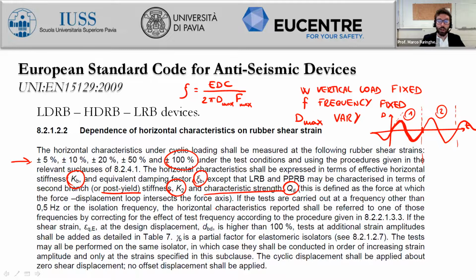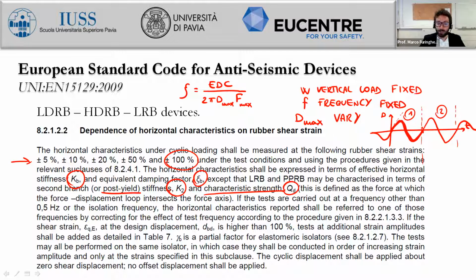Well, in design we will use exactly the same expression, and it is quite hard to understand because actually this definition of damping is related to a fully reversed cycle, something like this. So the maximum displacement is achieved in both positive and negative directions.